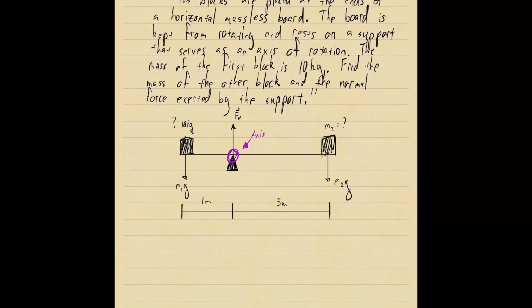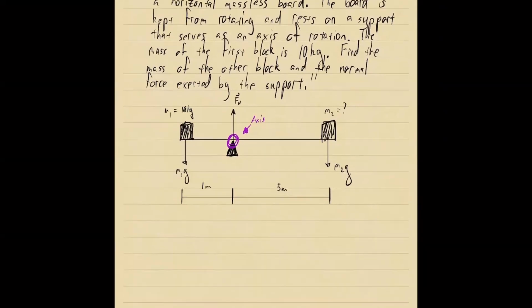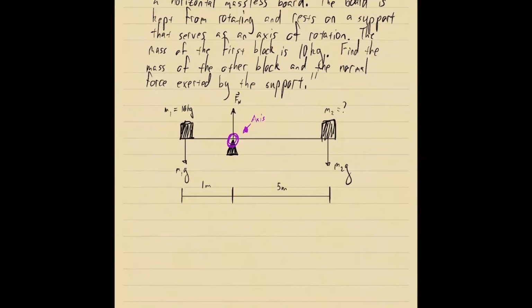So this is our system in equilibrium, right? We don't want it to start accelerating upwards, downwards, left, right, and we certainly don't want it spinning. So what we're going to do, we're going to add up all the forces in the x direction. Again, there are no forces in this problem in the x direction, right? This is in the negative y direction, this is in the positive y direction, and this again is in the negative y direction, so there are no x components to any of our forces, so this is useless.